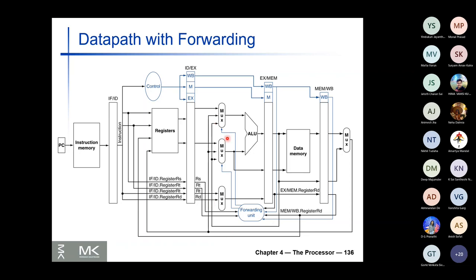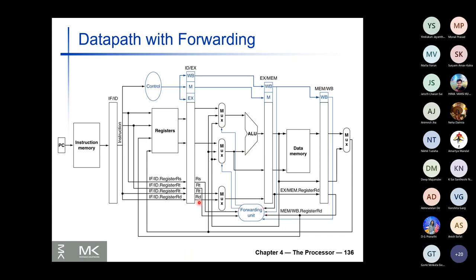If you look into this multiplexing path, this is coming from this latch. If this multiplexer is enabled accordingly, then data from this stage of latch would be fed back to the ALU, and similarly from this stage.